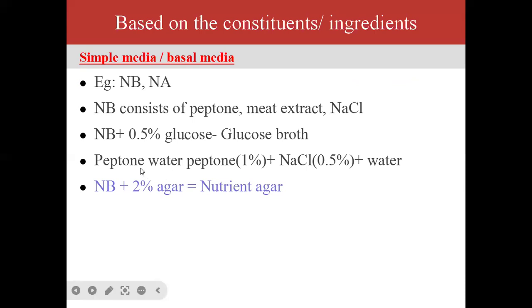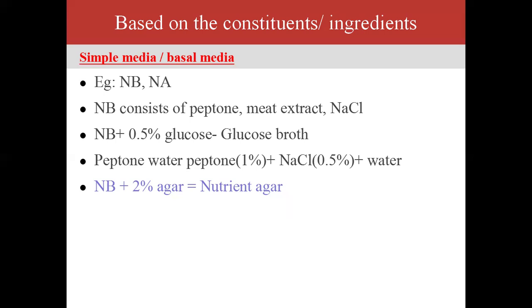And next, peptone water. Peptone water is also one of the simple media or basic media. Peptone water consists of peptone 1% and sodium chloride 0.5%, and that is mixed in the water. And when 2% of agar is added to the nutrient broth, then it is called nutrient agar.